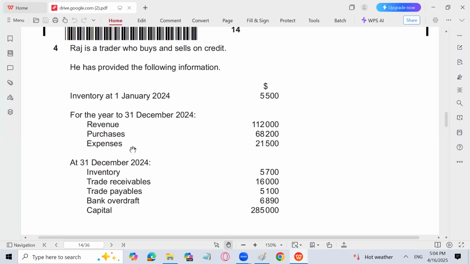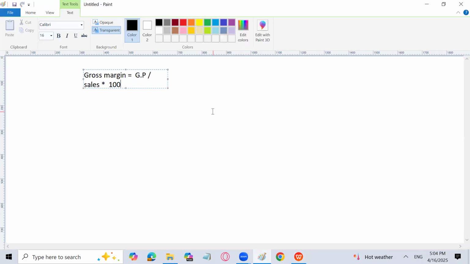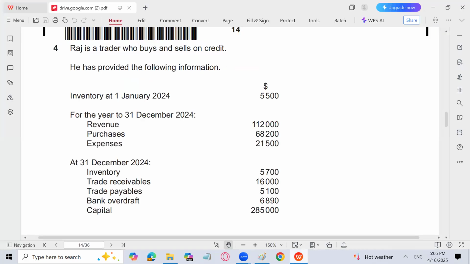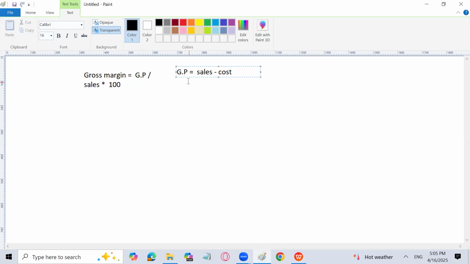Purchases are given, so we have to calculate the cost of sales first, because gross profit is equal to sales minus cost. The amount of sales is 1,12,000.